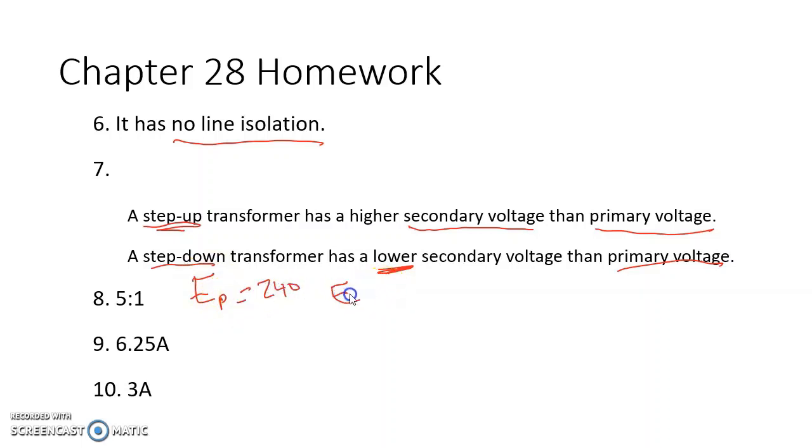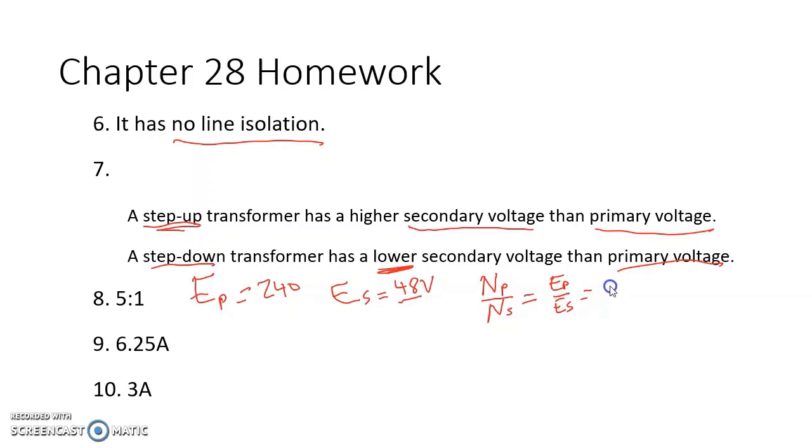The turns ratio is the number of primary turns, N for number and P for primary, versus the number of secondary turns, and that equals primary voltage over secondary voltage.